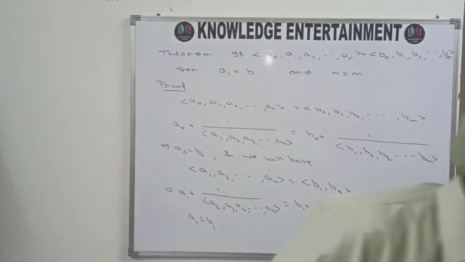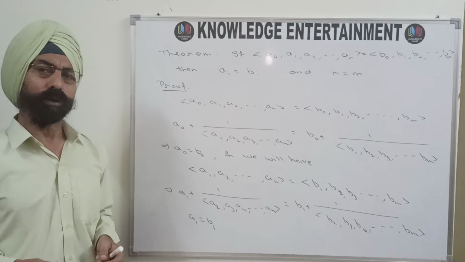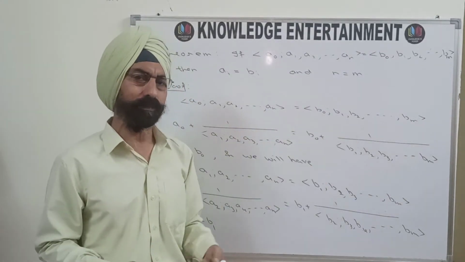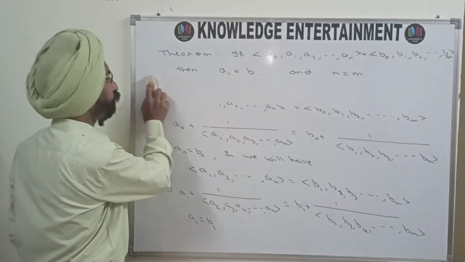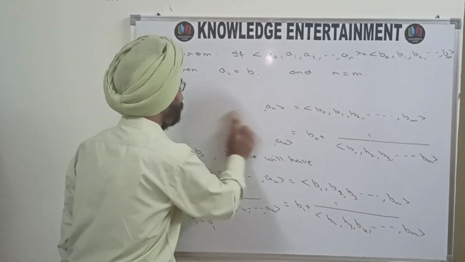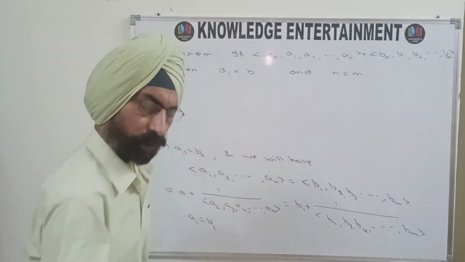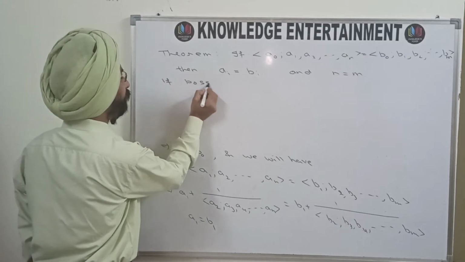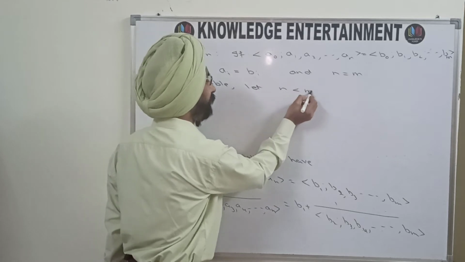Repeating this process many times, we get the equalities of the partial quotients. We are actually to prove that n is also equal to m. On the contrary, suppose, if possible, that n is less than m.